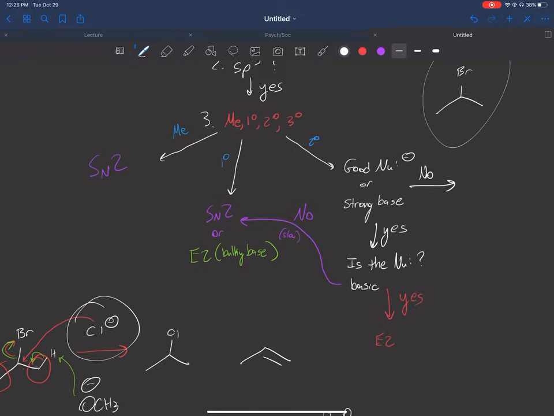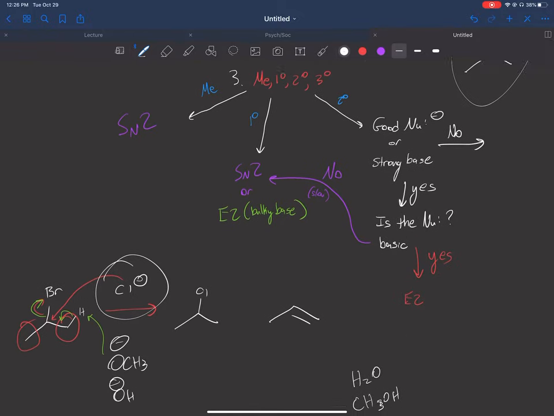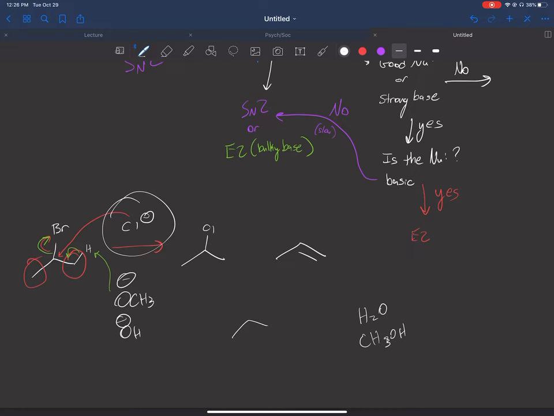The leaving group would actually leave on its own, because these weak nucleophiles and weak bases are not strong enough to directly kick it out, giving us a carbocation. So if we didn't have a strong nucleophile or a strong base, we can get a carbocation.